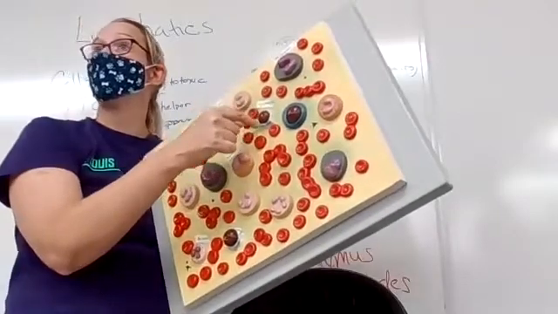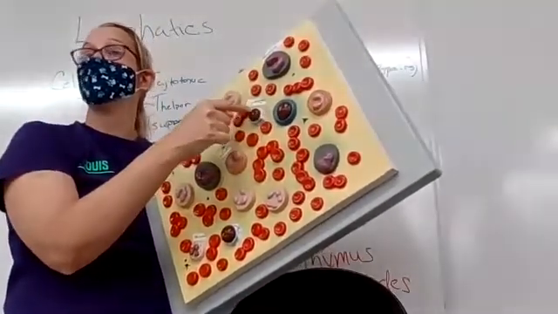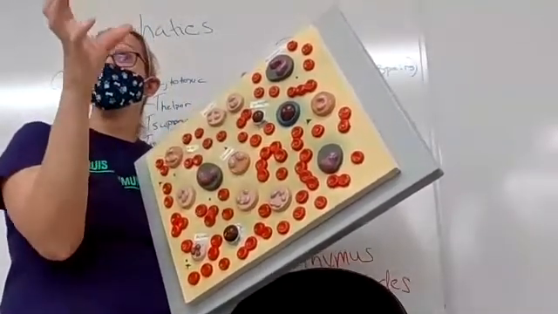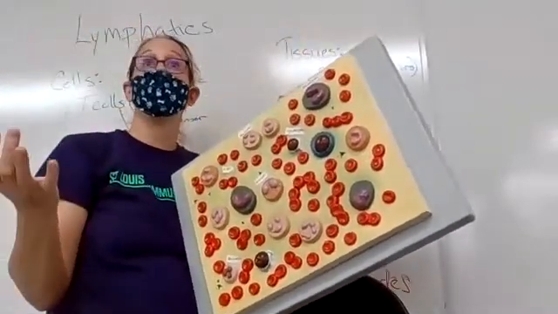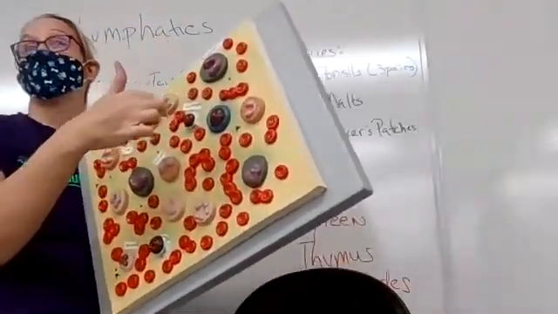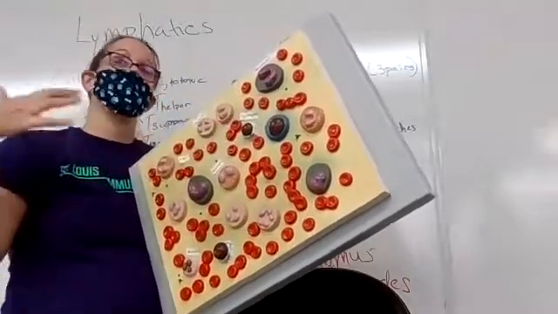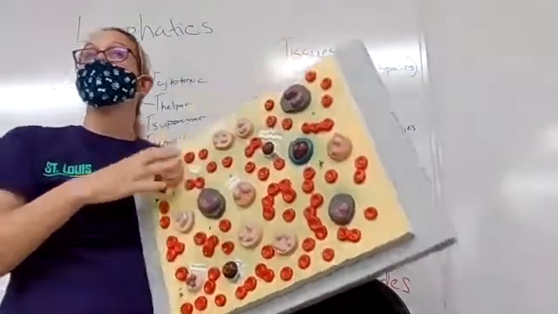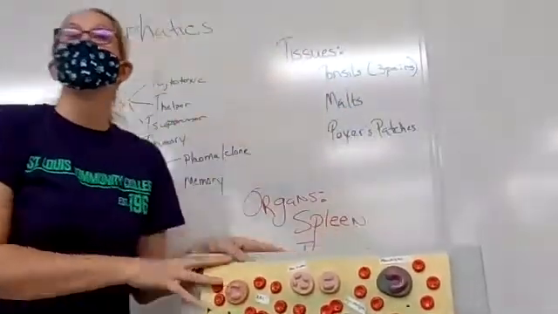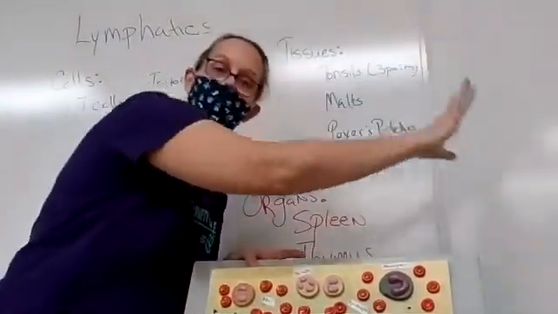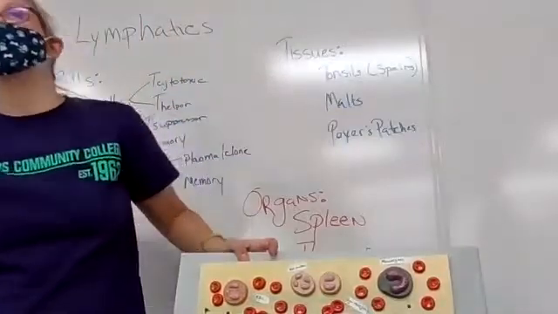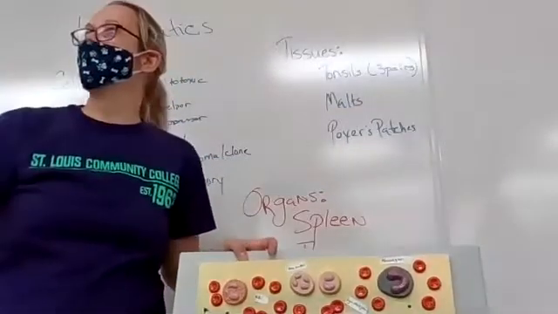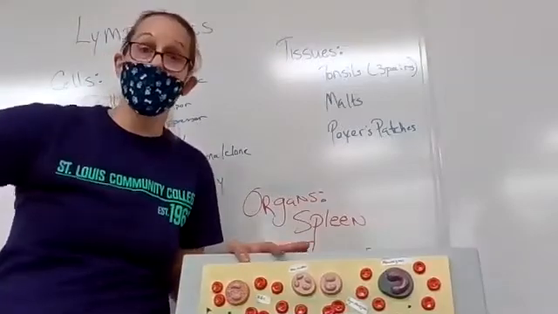You have to find which of these cell membranes are expressing a protein that we label CD4, and which of these cells are expressing a protein known as CD8. Once we know what those proteins are, we can start to differentiate: this is a type of T cell that does this, this is a type of B cell that does this. We'll get to that in specific defenses.